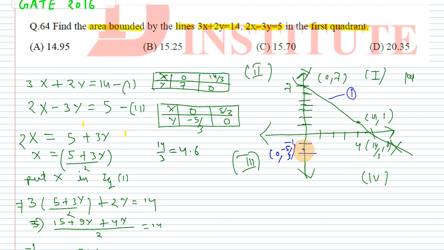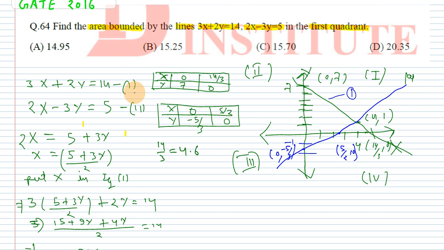Okay, and the second point is 5 by 2. 5 by 2 is basically 2.5. So 1, 2, this is 2.5, and y equals 0. So this point is (5 by 2, 0). So the second line is passing through these 3 points, right?